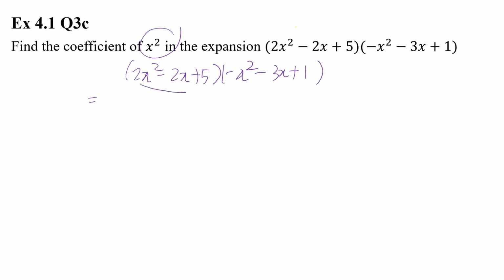So if you take this term and multiply with negative x squared, what you get will be 2x squared multiplied with negative x squared, and that gives you negative 2x to the power 4, which is not the term that you're interested in, because the term you're interested in is the x squared term. So you can just forget it.